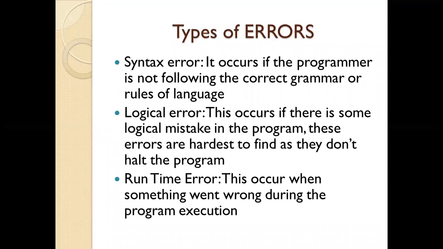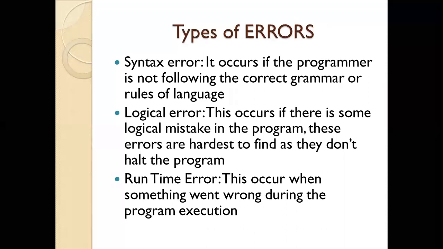And if I'm using Java, then I have to use the word which is related to Java. So every language has their grammar rules and the rules of the language which we need to follow. And if we are not following the correct grammar or the rules of the language, it means there will be a syntax error in the program.